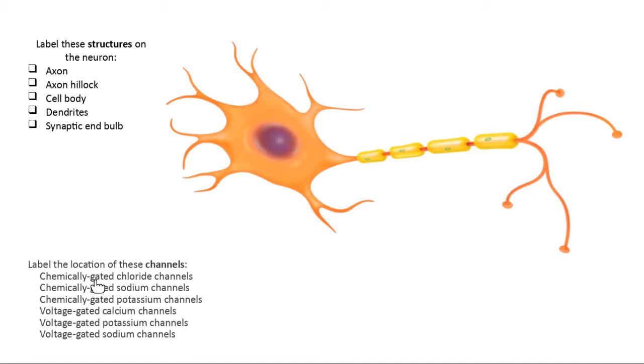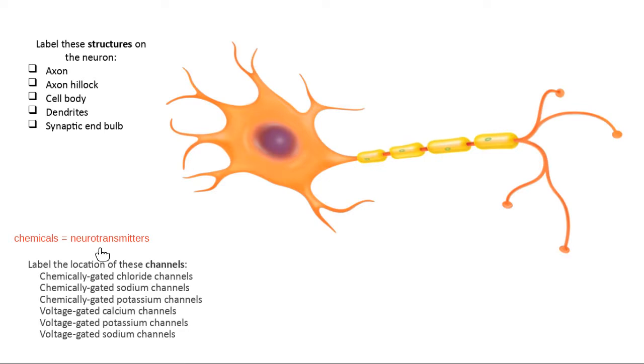Again, just like we saw with the muscles, when we're talking about chemically gated channels on neurons, the chemicals that are going to open them up are the neurotransmitters. Now, when neurons talk to each other, we use more than one type of neurotransmitter.